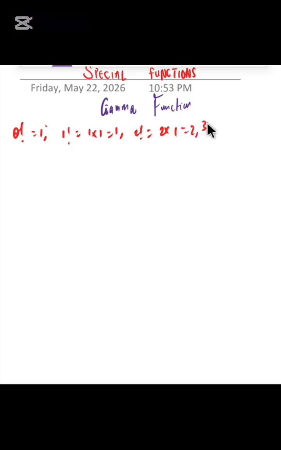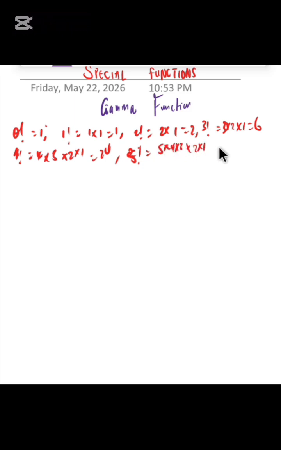Then you have 3 factorial, which is 3 multiplied by 2 multiplied by 1, which is 6. You have 4 factorial, 4 multiplied by 3 multiplied by 2 multiplied by 1, which is 24. 5 factorial will be 5 multiplied by 4 multiplied by 3 multiplied by 2 multiplied by 1, which is 120, and the likes.